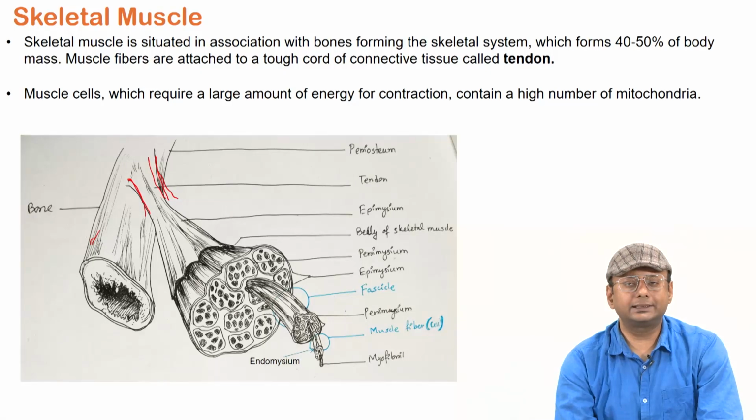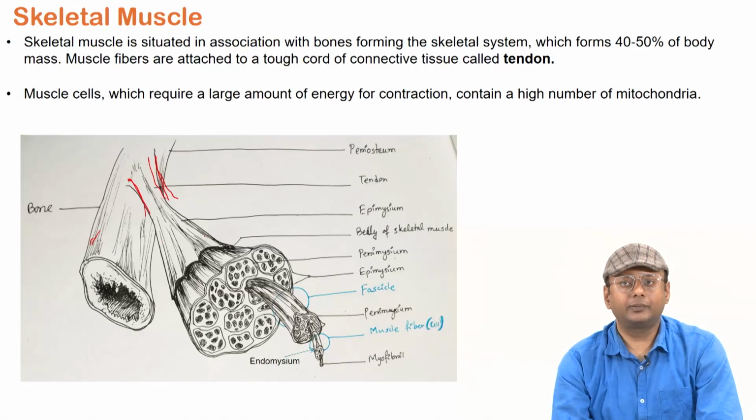Now as you can see, right from the tendon we have layers and layers of muscle fiber which are formed together, and each of these muscle fibers has a specific membrane on top of it. From the bones and the tendon, the first coil of this muscle fiber coming out, the top membrane of it, is called epimysium.